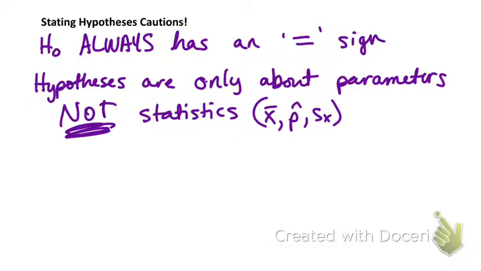If you do, it is wrong, and you should never use it. Your hypotheses are always about the population, just like your confidence intervals were always about the population value, never about the sample. Now, are we going to use sample data? Absolutely. The sample data is where our evidence is going to come from. But the hypotheses are always about the parameter. Cool? Cool. Let's do a couple of examples.